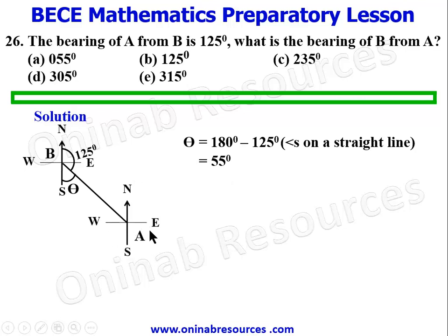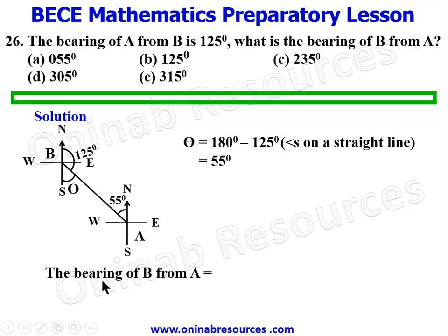This point A with the cardinal point, which means this angle here is equal to this angle. That's 55 degrees. And now to calculate the bearing of B from A here now. We are meant to start from the North Pole and move clockwise until we meet the line joining A and B.